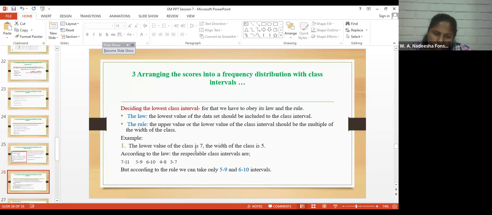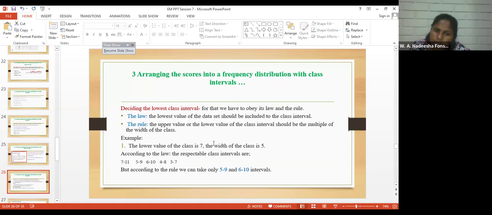The lower value is 7, so you can start from 7. The class width is 5. It means we have to add 4 to 7, which is 11. Class width is 5 means 7 to 11: 11 minus 7 is 4, 4 plus 1 is 5.